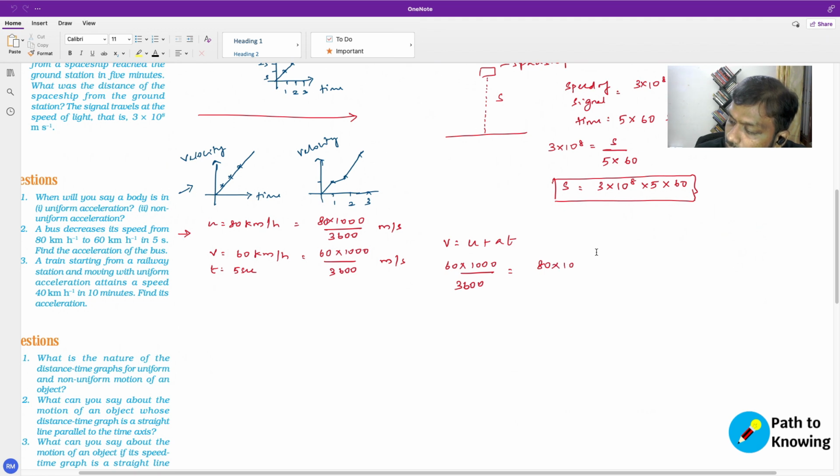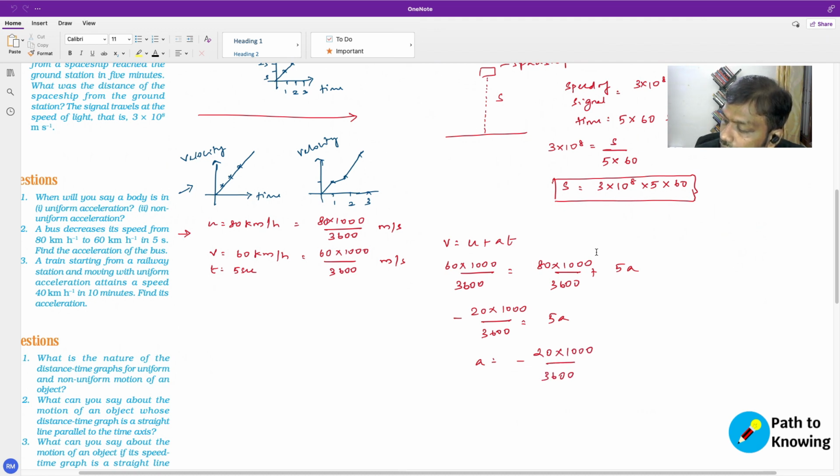Right? So now when you bring this out, this becomes minus 20 into 1000 over 3600, which is equal to 5a. So your a is going to be equal to minus 20 into 1000 over 3600, into 5.